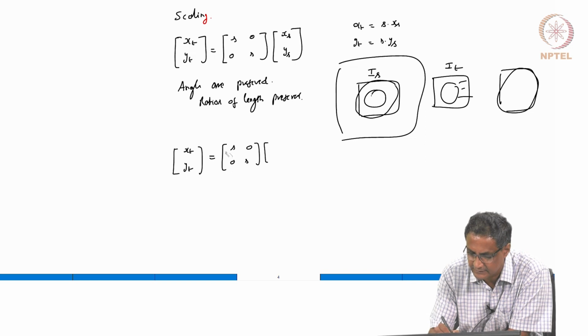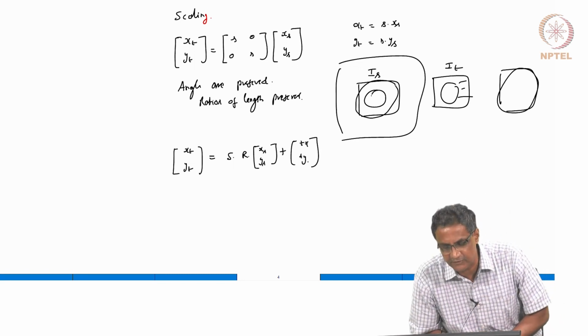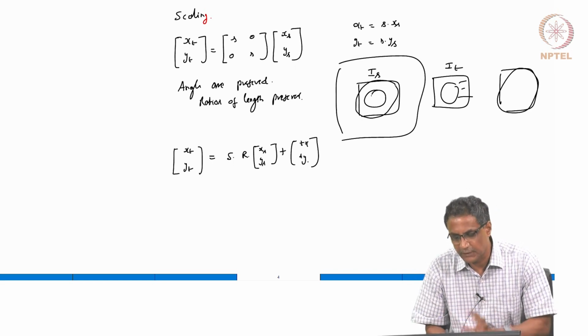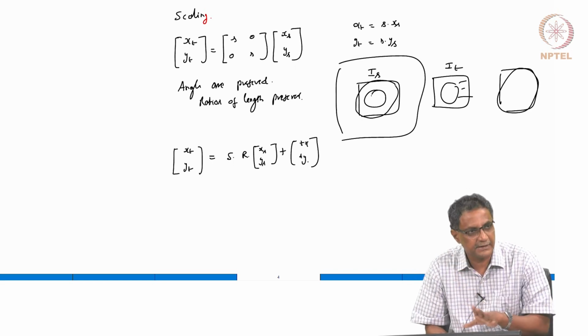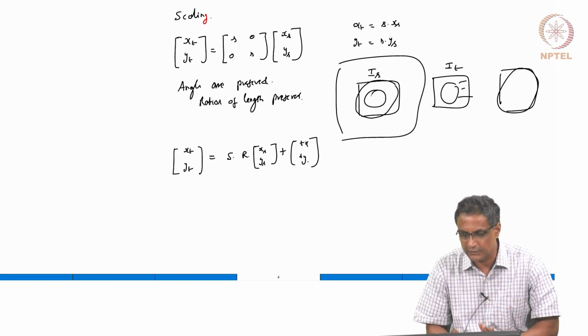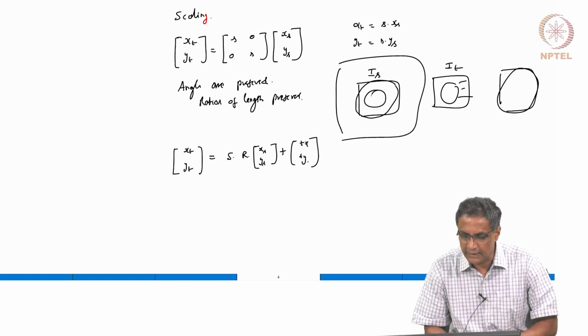Instead of repeating all this, I will simply write this as S into R, times xs ys, plus tx ty. Now the way I am writing it is somewhat clumsy. There is a much neater way to do this, but I thought we'll do it in the next class.